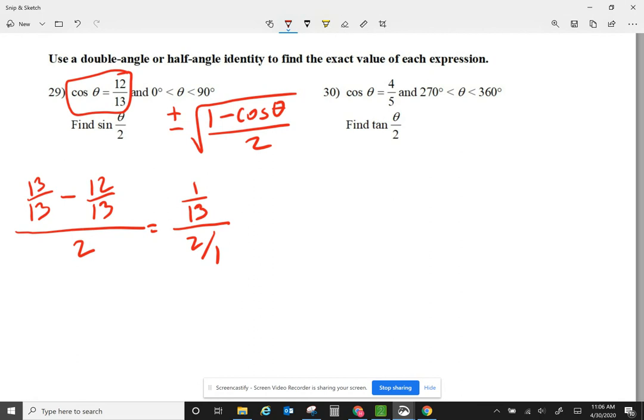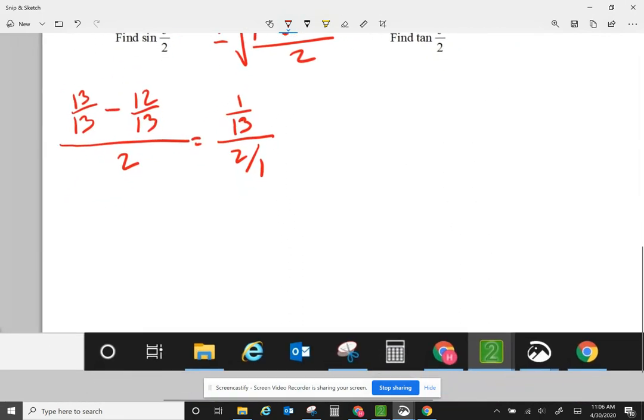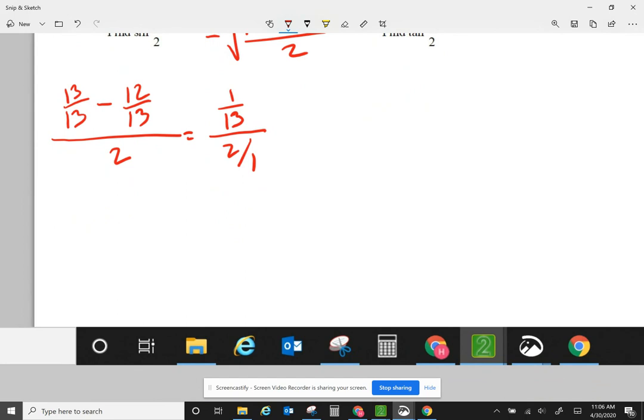I want to write it as a fraction over a fraction, because I can then write this as 1 over 13 times 1 over 2, the reciprocal of the fraction at the bottom. That gives me 1 over 26.